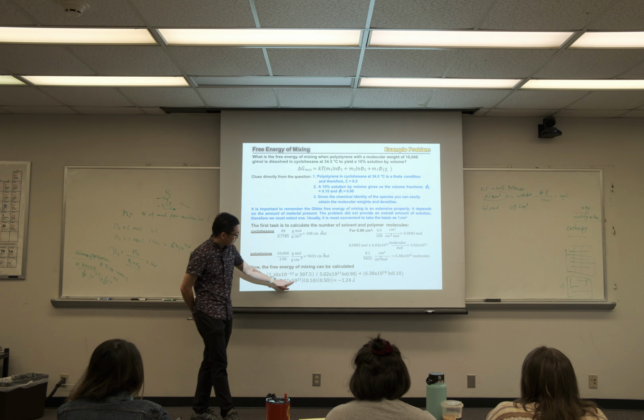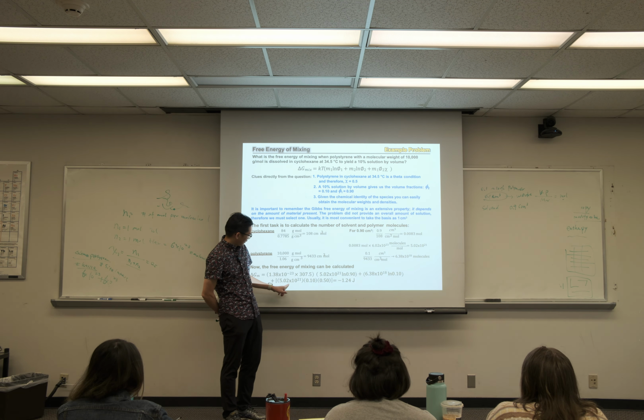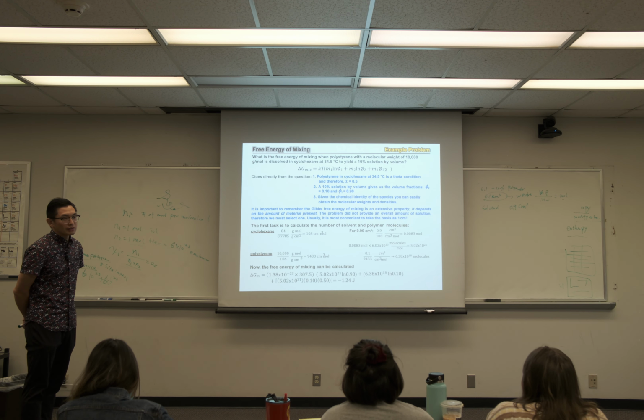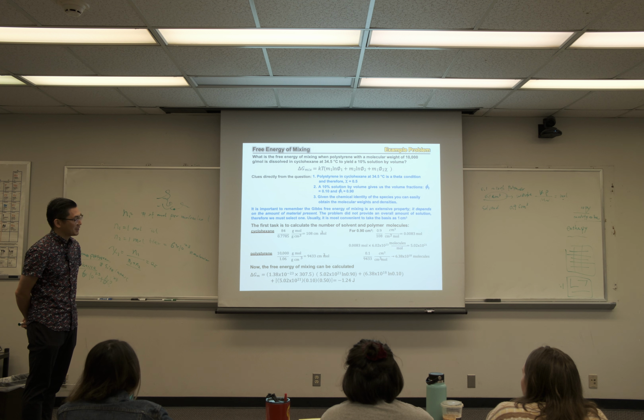And add the chi parameter, number of molecules, volume fraction, chi. This will tell you if this would be mixed or not. Your total delta GM is, if you did every number correctly, equal to minus 1.24 joule. That would be the units of the mixing.